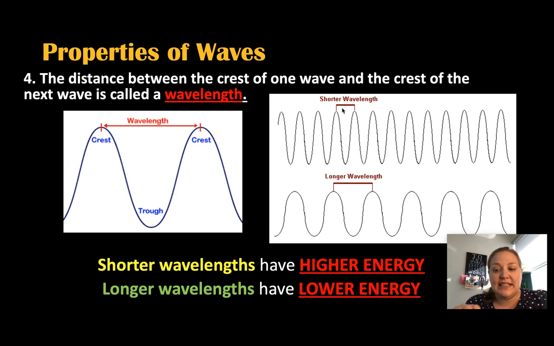You can see just based on the way I'm moving my hands that short wavelength has a lot more energy than long wavelengths. So we also say that short wavelengths have a higher frequency, or higher energy, and longer wavelengths have a lower frequency or a lower energy.